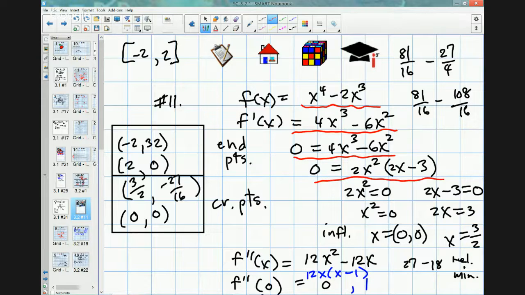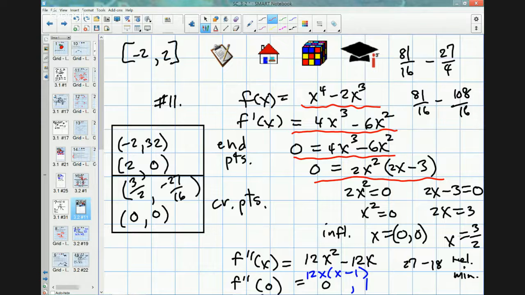Yeah, actually fairly easily. You can take a 2x squared out of each term, and then set each factor equal to 0 and solve. So x equals 0 is one of them, and then 2x minus 3 equals 0, x equals 3/2. So I've got my 2 critical points now.